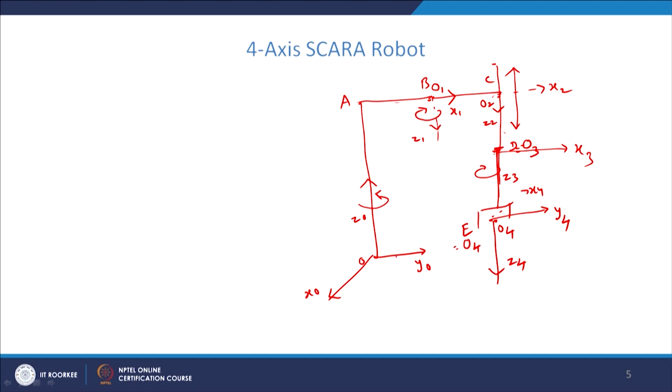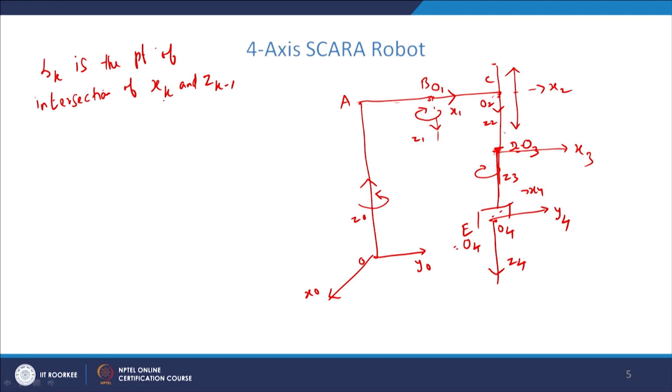For fixing that, there is a point to be fixed according to the DH algorithm, the point Bk is the point of intersection of xk and zk minus 1.